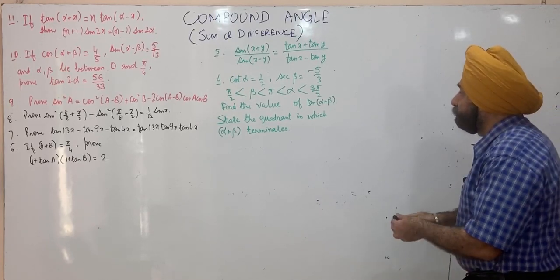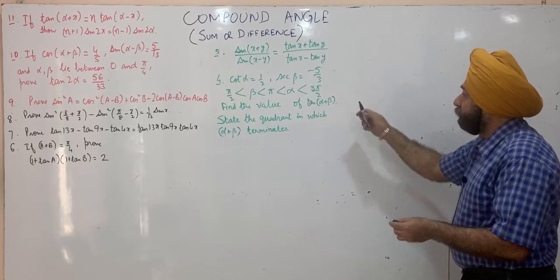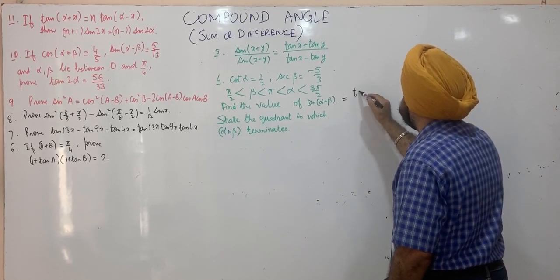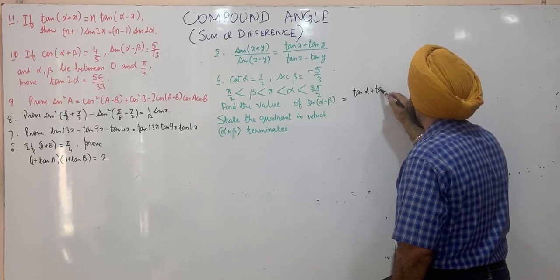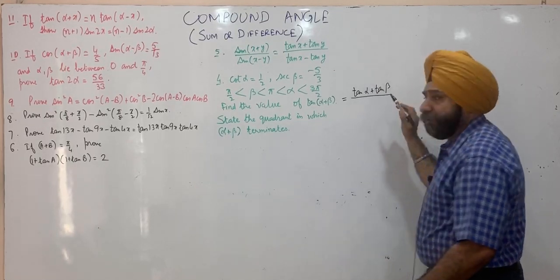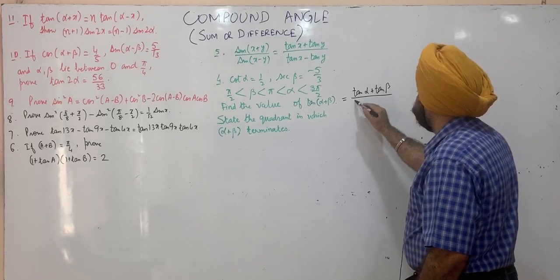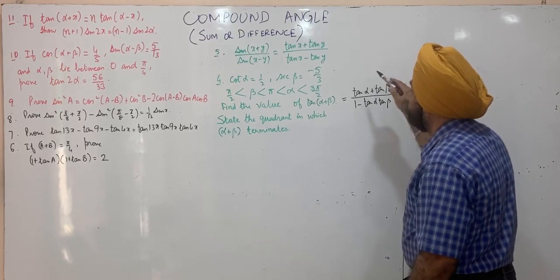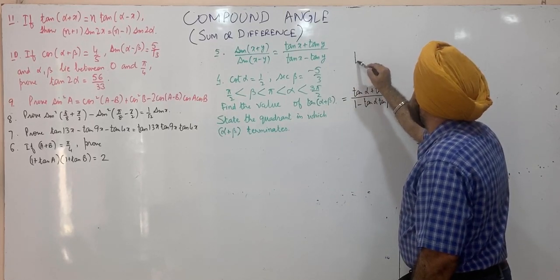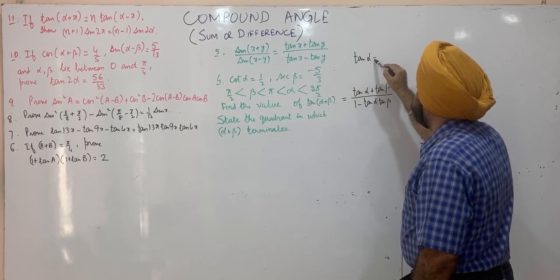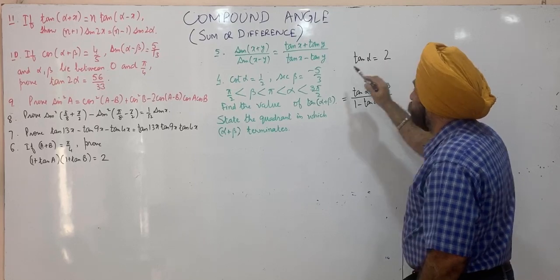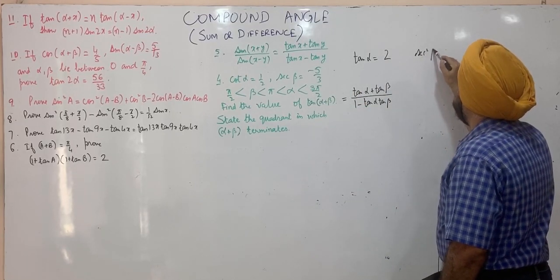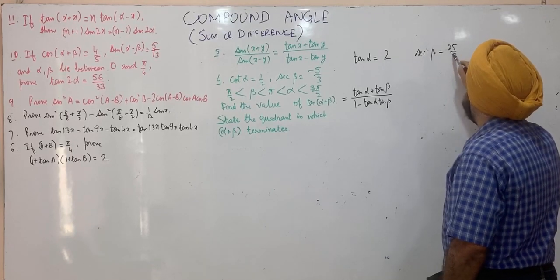The first part is formula based, tan alpha plus beta. So tan alpha plus beta is tan alpha plus tan beta upon 1 minus tan alpha into tan beta. Learn these formulas as soon as possible. Cot of alpha is given, so tan of alpha is 2, the reciprocal of cot. Sec beta is given. Sec square beta is 25 by 9.